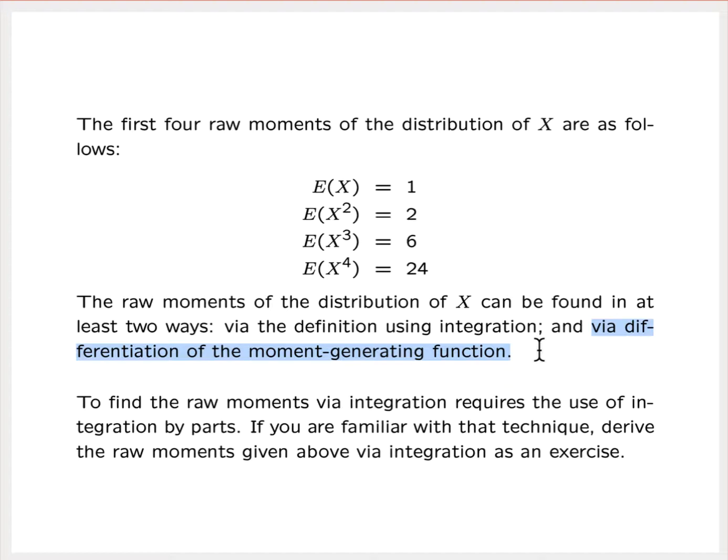Number one, we would have to find the moment generating function, and then two, we would have to differentiate the moment generating function. Now, let's talk about these two approaches. To find the raw moments via integration requires the use of integration by parts.